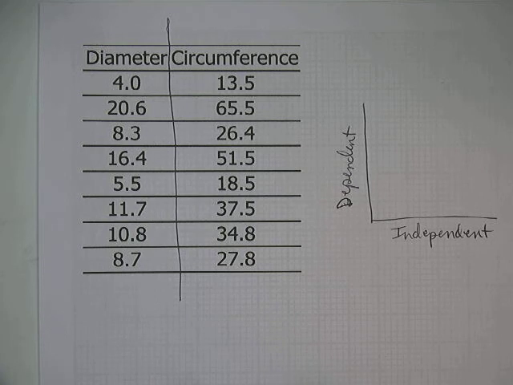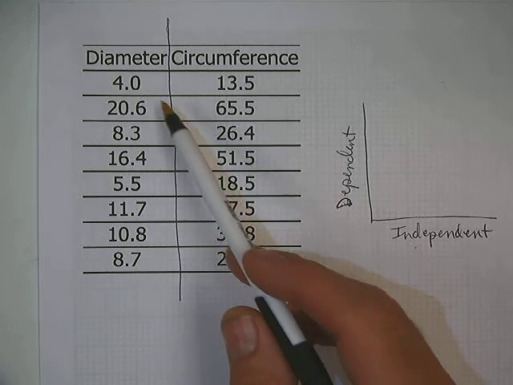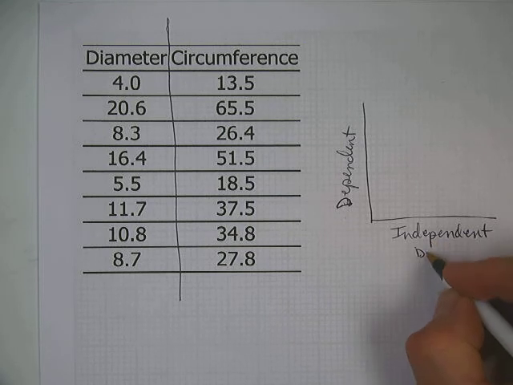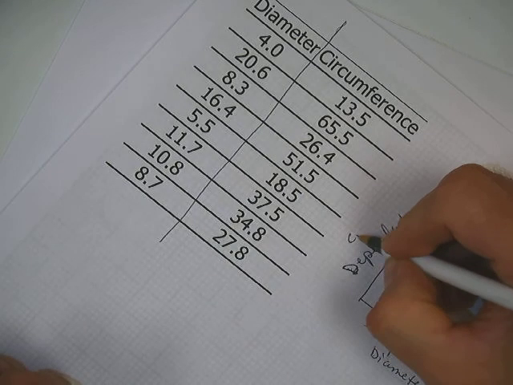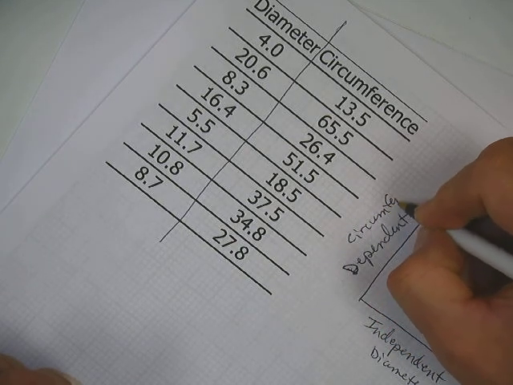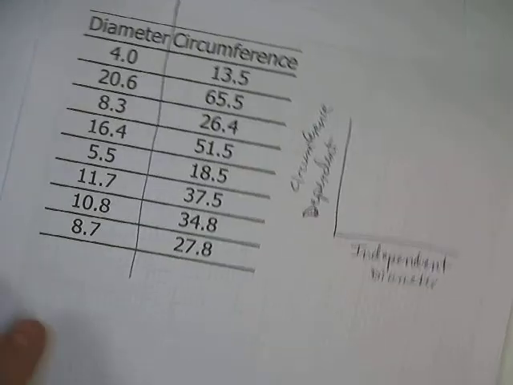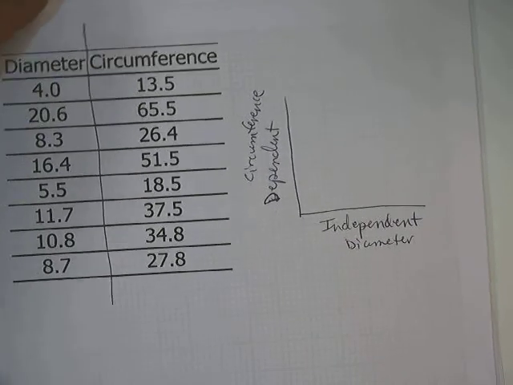So since the circumference depends upon the diameter, the circumference is the dependent variable. The diameter is independent. It's what we're changing first to see what happens. So we will be graphing the diameter numbers along the x and the circumference along the y. That covers step number 1.